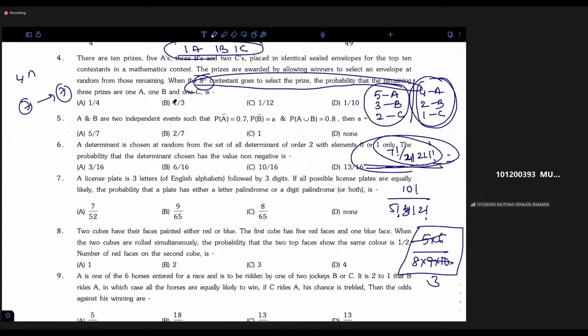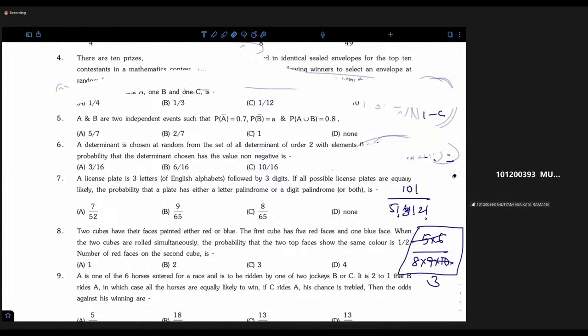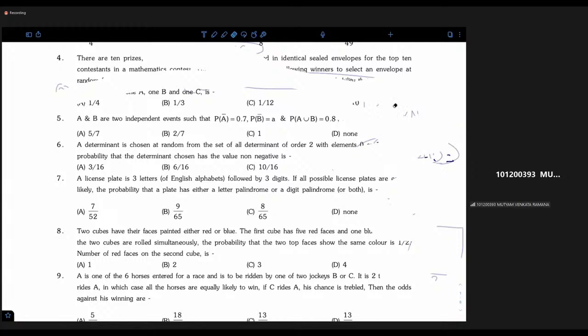Okay, I'll see this question better because I'm not sure whether their answer is correct or my answer. As per us, we are getting 1 by 24.